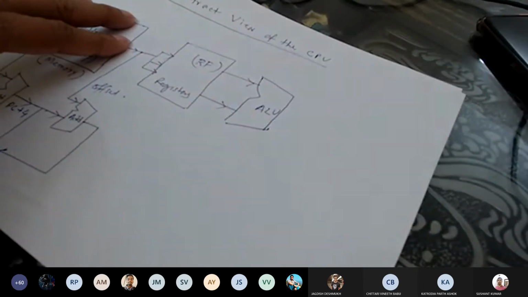I'm talking about data. Think about the arithmetic operations which we have already talked about.